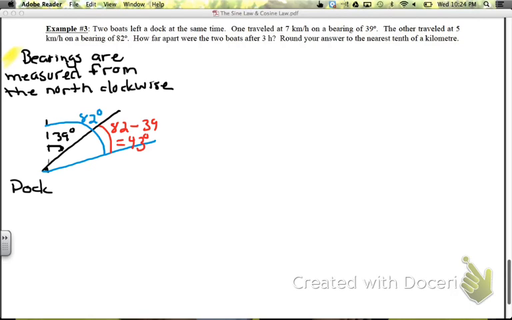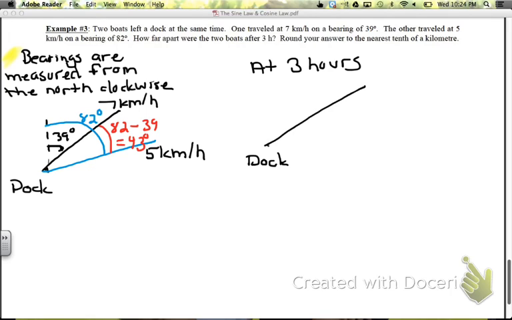Also, another thing that the question tells us is that the first boat is traveling at 7 kilometers per hour, and the second boat is traveling at 5 kilometers per hour. So we need to look at 3 hours. So I'm going to redraw my triangle here. I have my dock, my boat 1, and my boat 2.